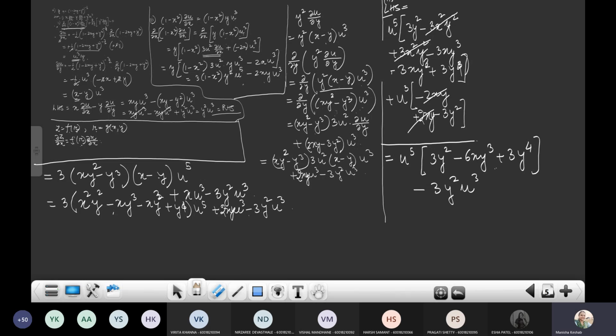Now let us simplify this. So from here I can take 3y square out and then I will get 1 minus 2xy plus y square. Okay? Minus 3y square u cube. Now what is this? 1 minus 2xy plus y square from here.